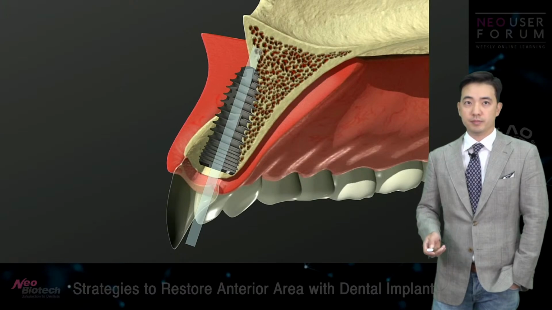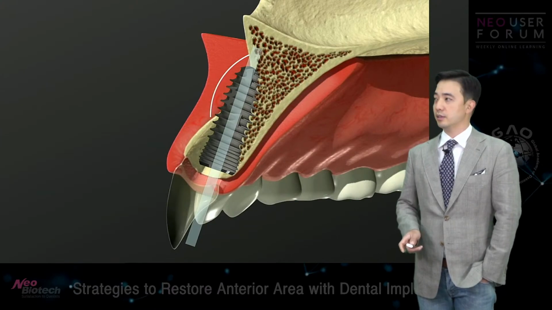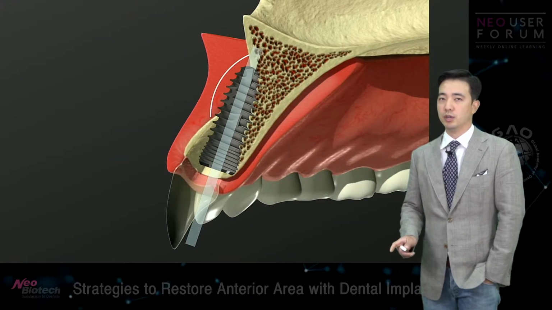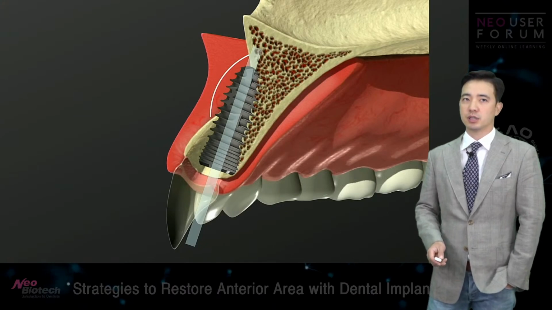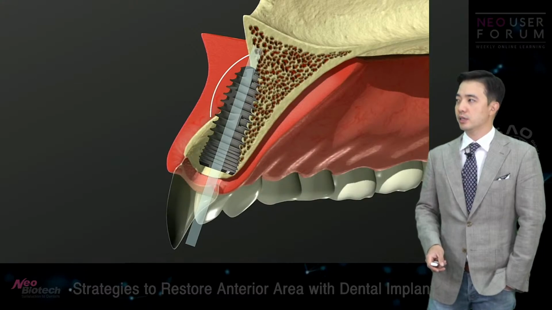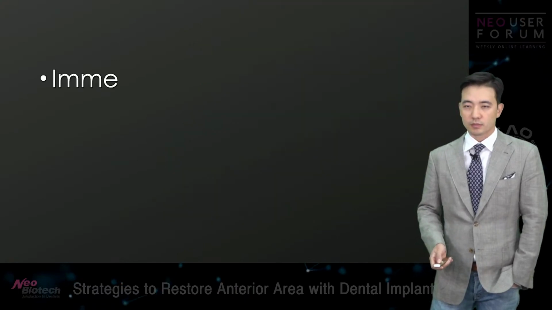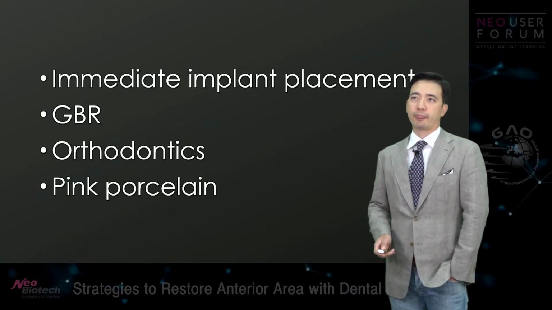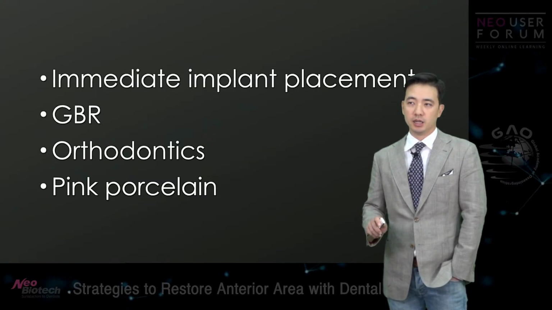So in this kind of situation, I would graft this area and make the situation a little more favorable to the prosthesis. By doing GBR, I would recreate the site so that I can make my restoration favorable. So you can think of some strategies regarding these compromised areas.